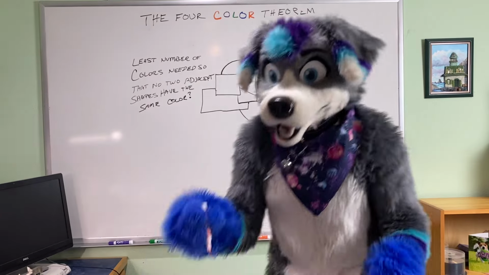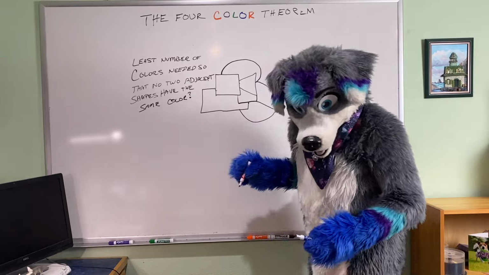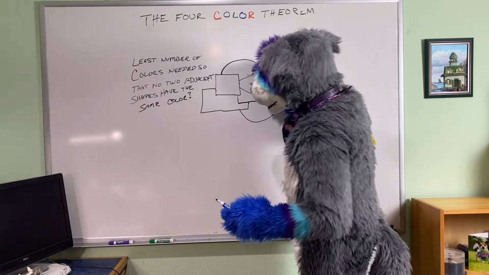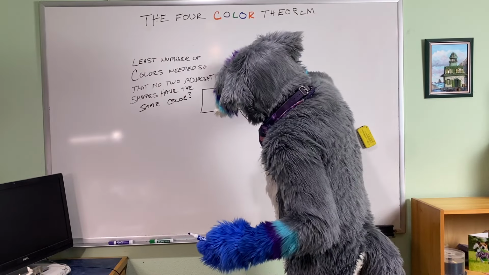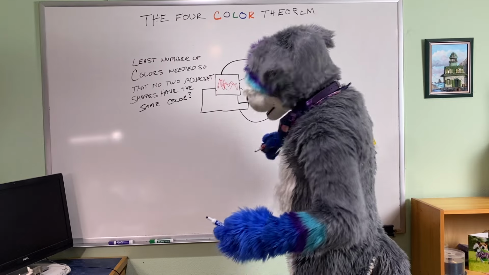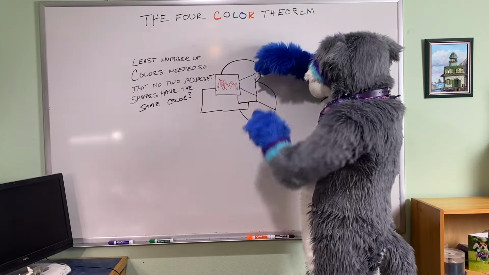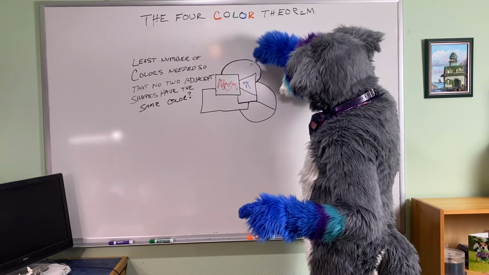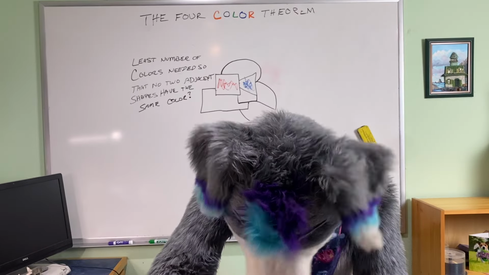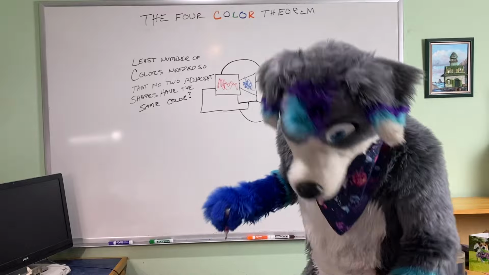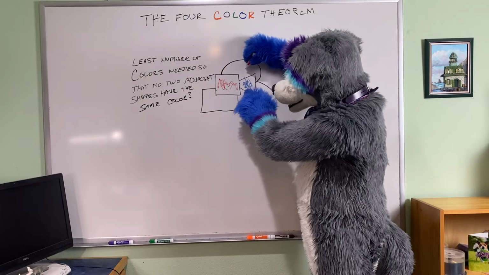First, I could take one color and I'll just color in. I'll just try. How about this? Okay. And then if I wanted to color in this shape, it needs to be a different color. I would need a different color up here. It can't be red or blue.